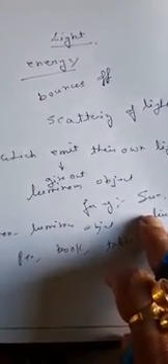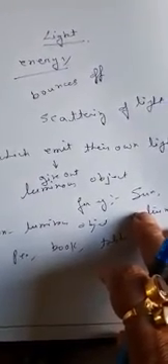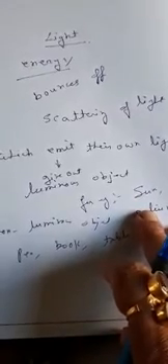But non-luminous objects, however, can shine or become visible. There are some non-luminous objects that are shining and become visible. Why?